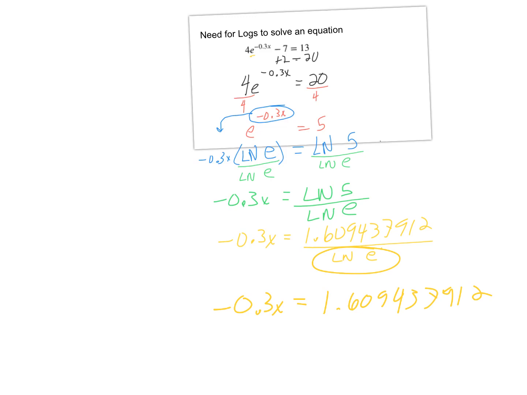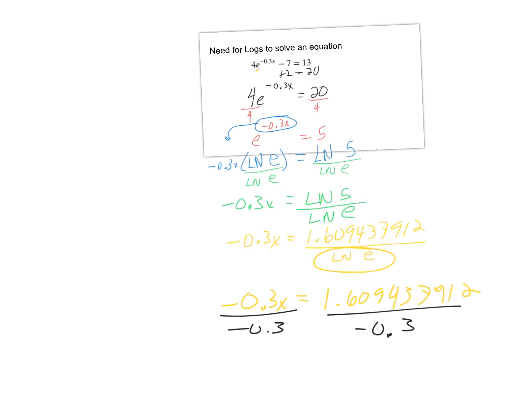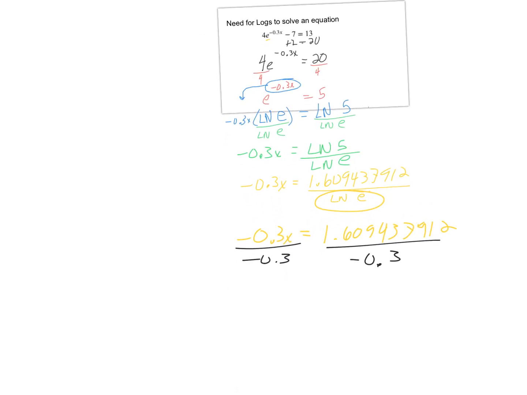Yeah. A pickle. So now at this point, now we're going to solve the equation and divide by negative 0.3. Okay, oh, forgot the decimal point. Let me shrink this. Hopefully it'll all shrink together. Yep, there we go. So divide that by negative 0.3.